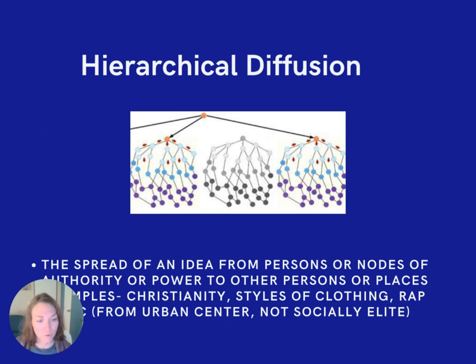Hierarchical diffusion is quite different. In this case, an idea is going to go from one node to another node, and that can be a person, usually people of authority, power, the socially elite. So you can see here, if this was contagious diffusion, it should also hit this area here.